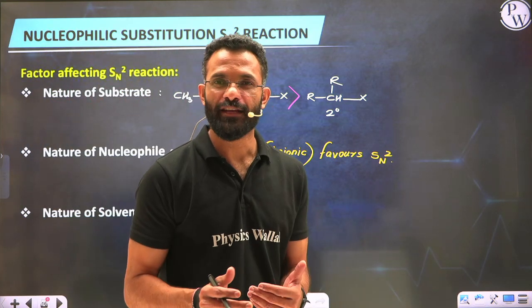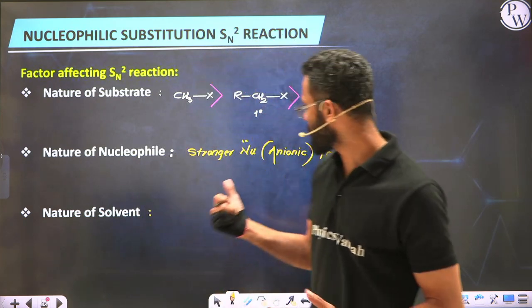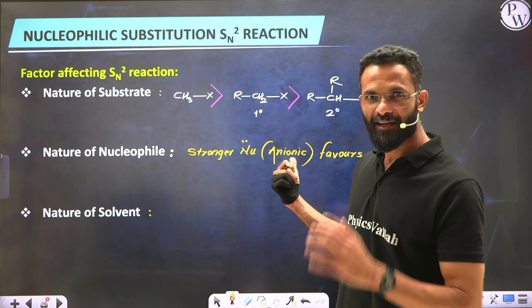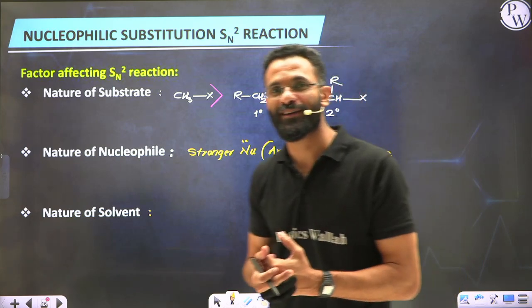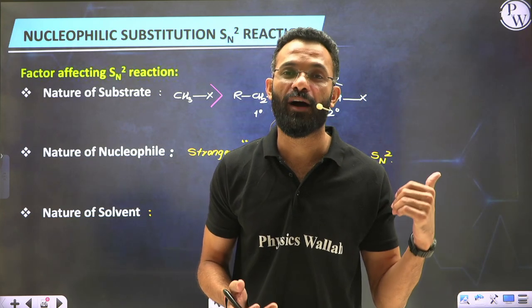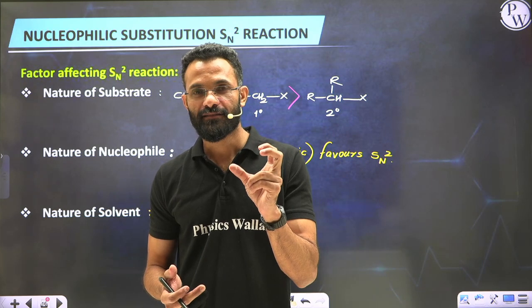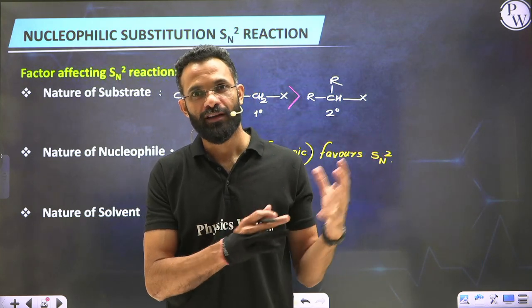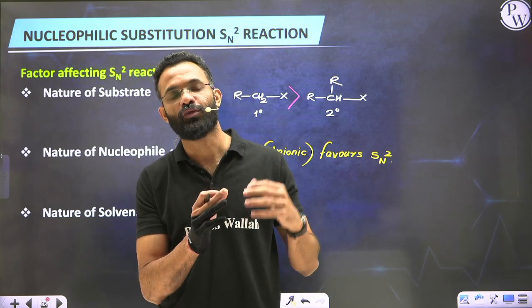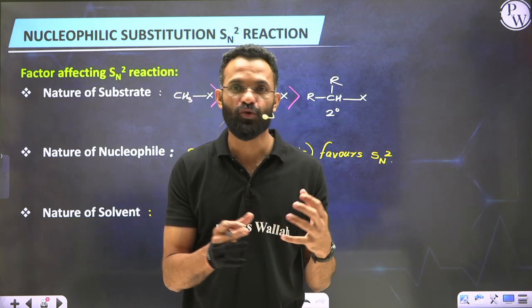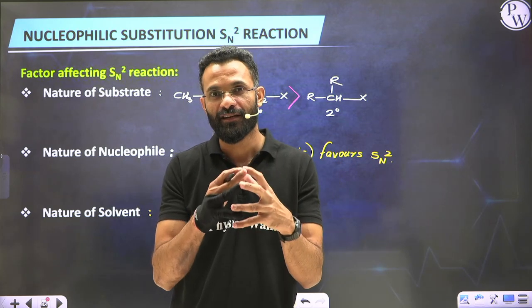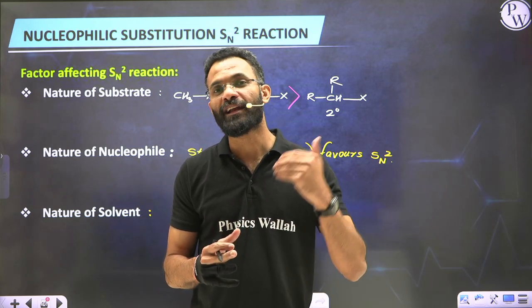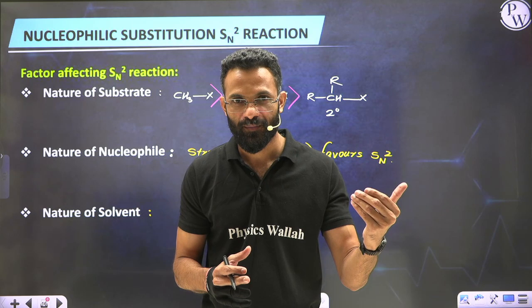Nature of solvent. Well guys, look, as we know we need a stronger nucleophile. Stronger nucleophile meaning what kind of nucleophile? Anionic. Imagine if you use a polar protic solvent. When we studied in class number 1, anionic species get solvated by the polar protic solvent. If such anionic species are solvated by a polar protic solvent, they will be captured or caged. Hence, they will not be able to freely attack at the deficient carbon.